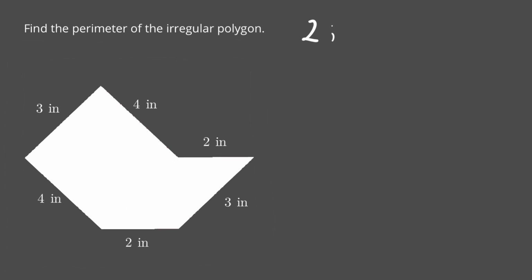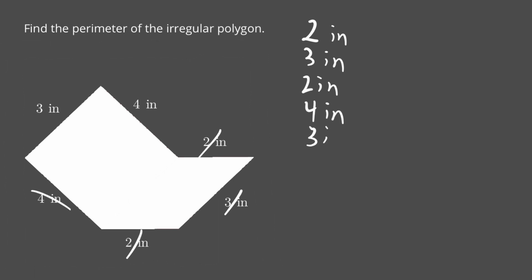We have 2 inches, we'll cross that out, plus 3 inches, plus another 2 inches, plus 4 inches, plus 3 inches, plus 4 inches. If you add all those numbers up, that will give you 18 inches as your final answer.